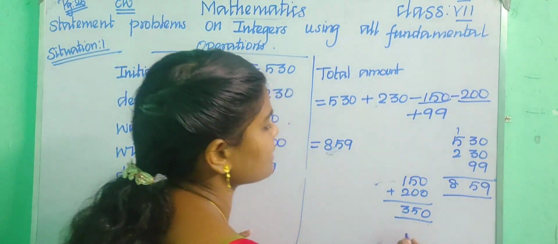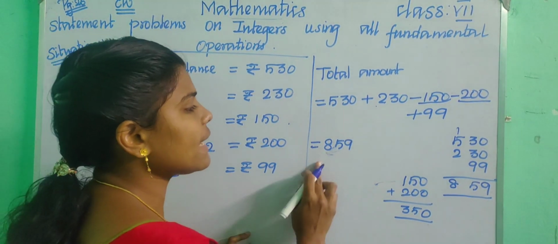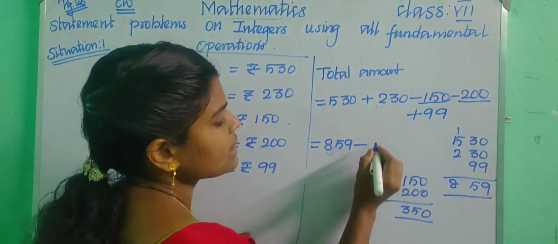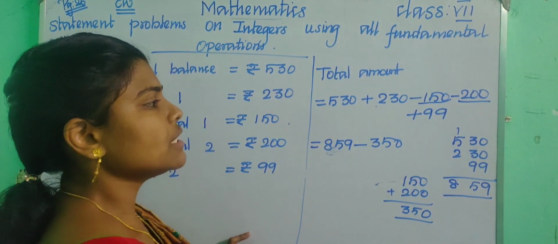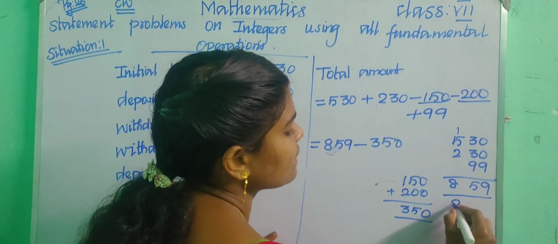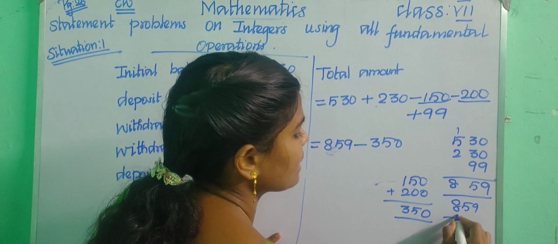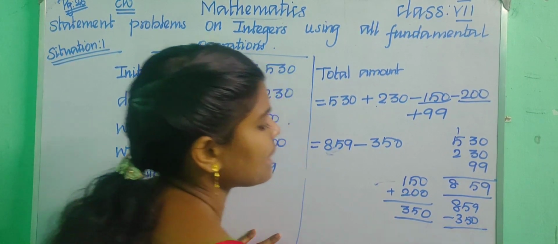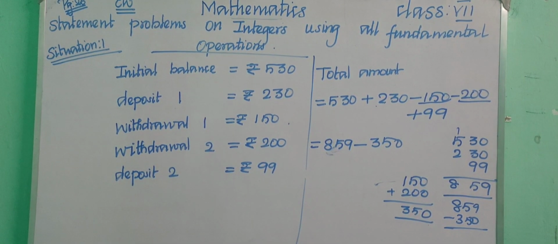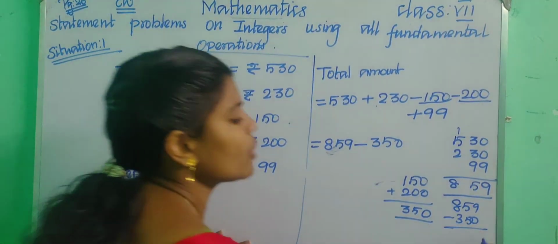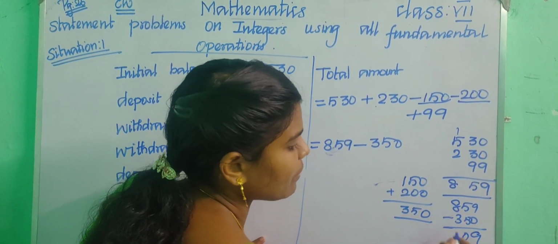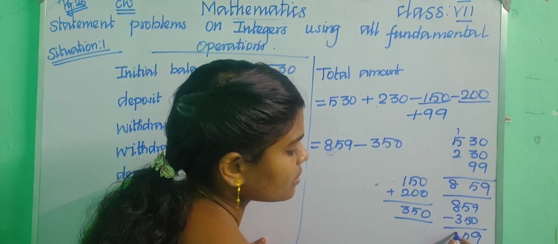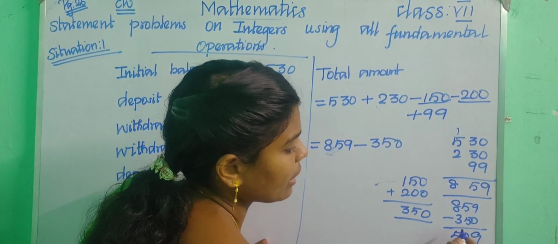Okay, children, 350. Now 859 minus 350. Let us subtract it. 9 minus 0, 9. 5 minus 5, 0. 8 minus 3, 5.